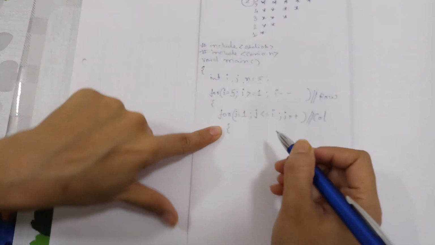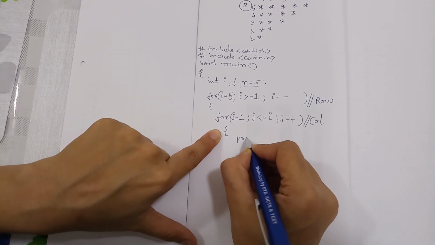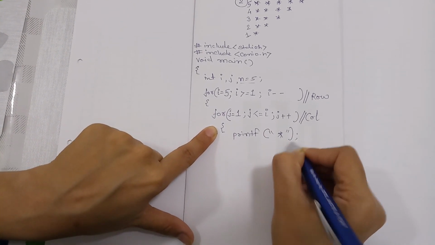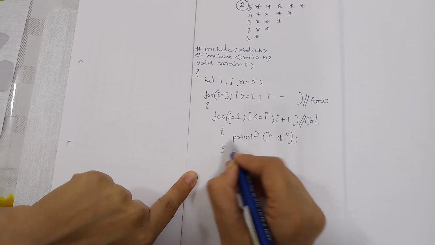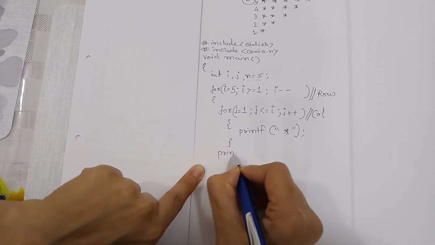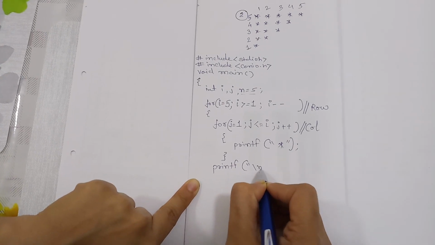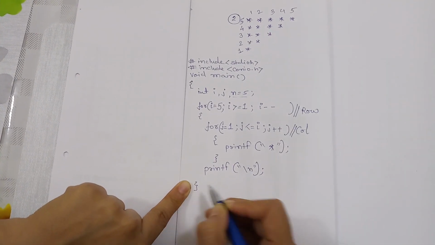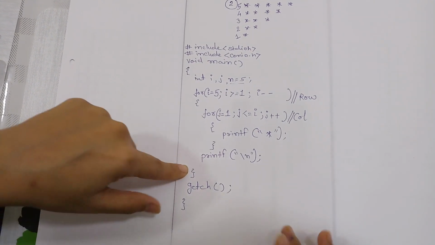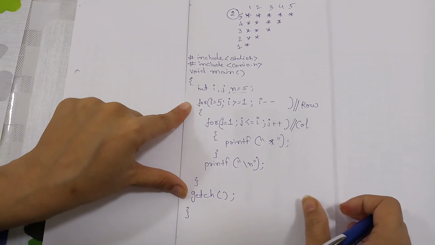And for each value of column what I am printing is asterisk. And after completion of each row I have to print new line character. So here the second pattern is over, right?